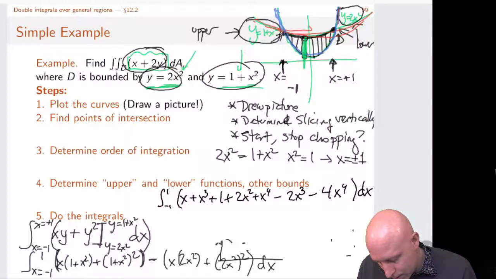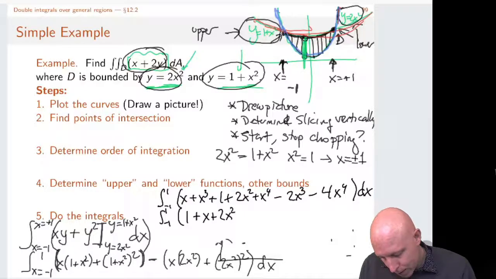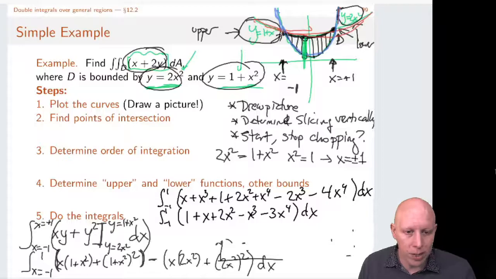So we'll simplify one more time. -1 to 1 of 1 plus x plus 2x squared minus x cubed minus 3x to the fourth. The integral of that with respect to x.